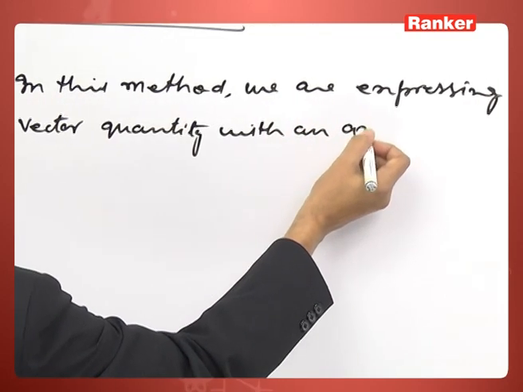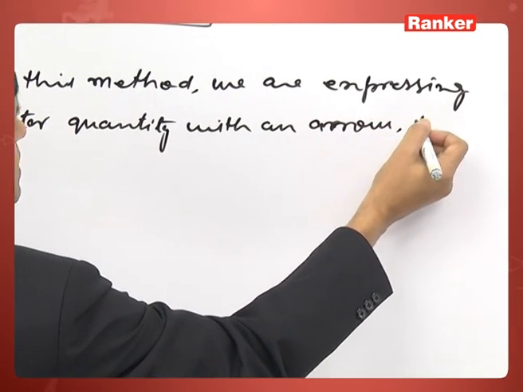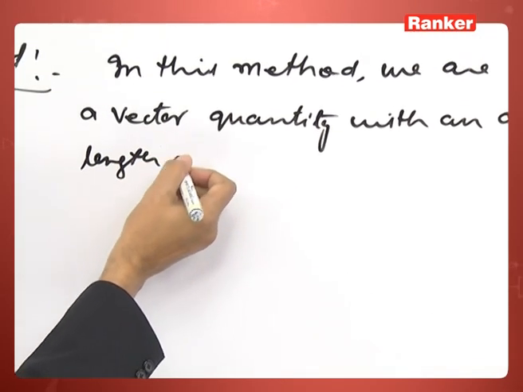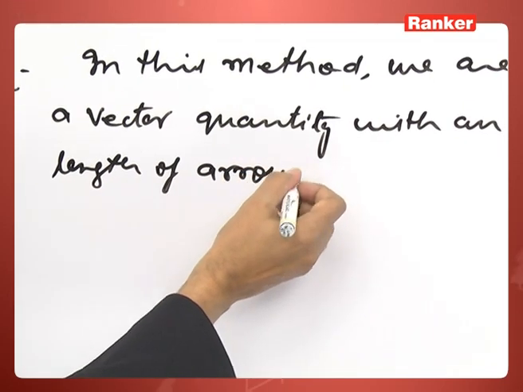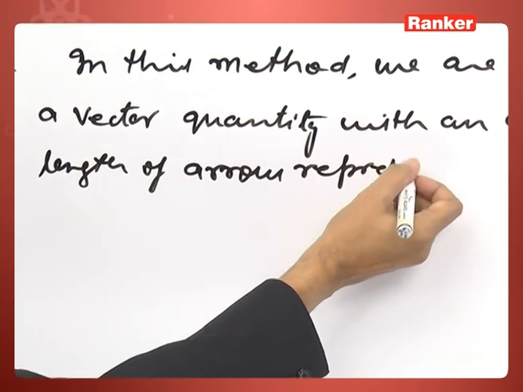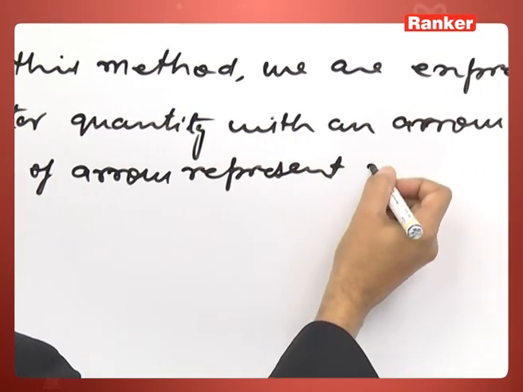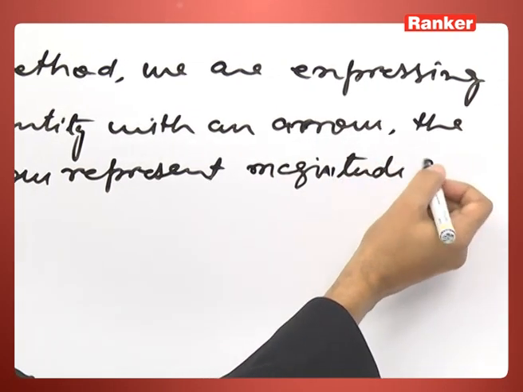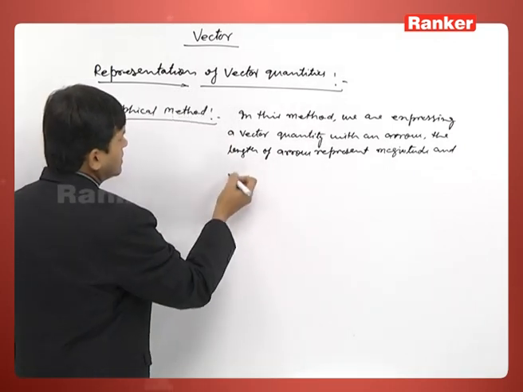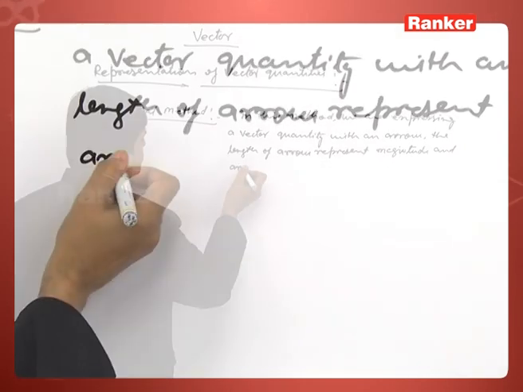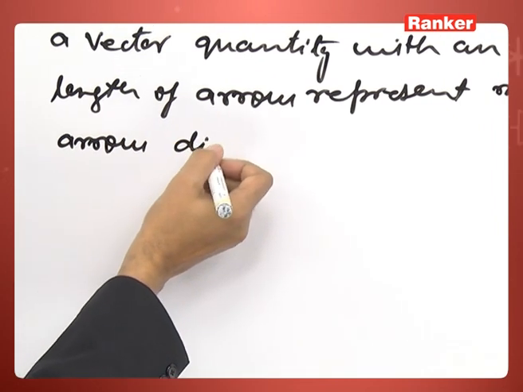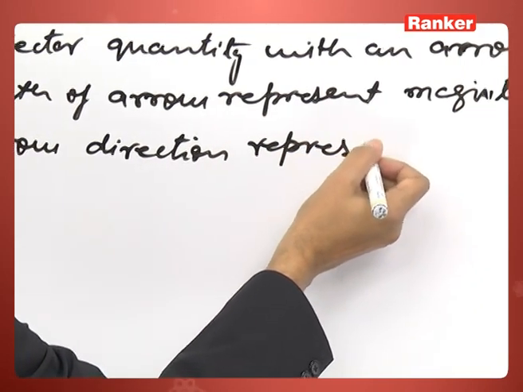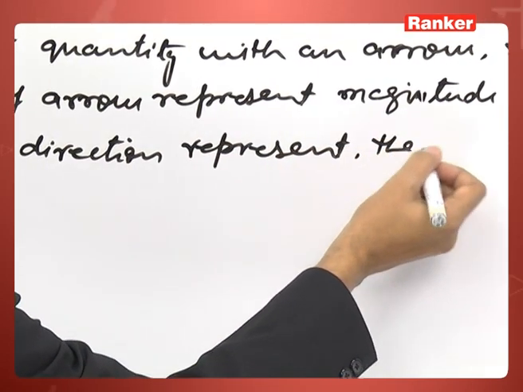The length of the arrow represents the magnitude, while the arrow direction represents the direction of the vector.